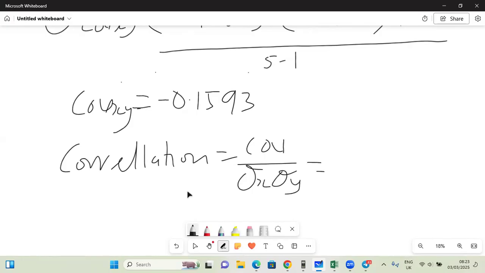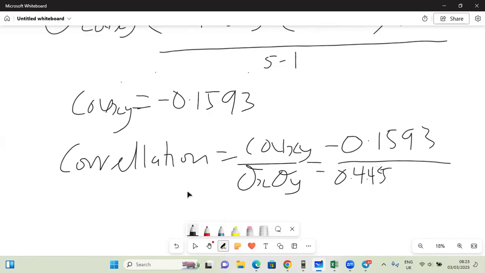So when I'm coming to teach you the calculator trick, this is what we are going to do. The covariance of X and Y is negative 0.1593, all over the standard deviation of X, which is 0.4459, times the standard deviation of Y, which is 0.4758.